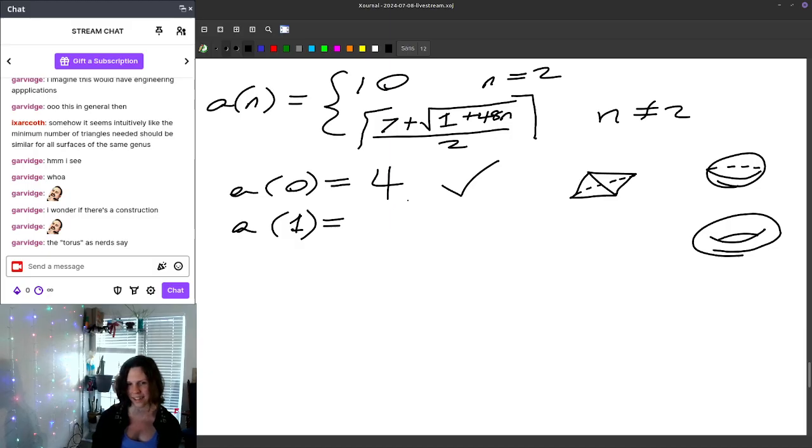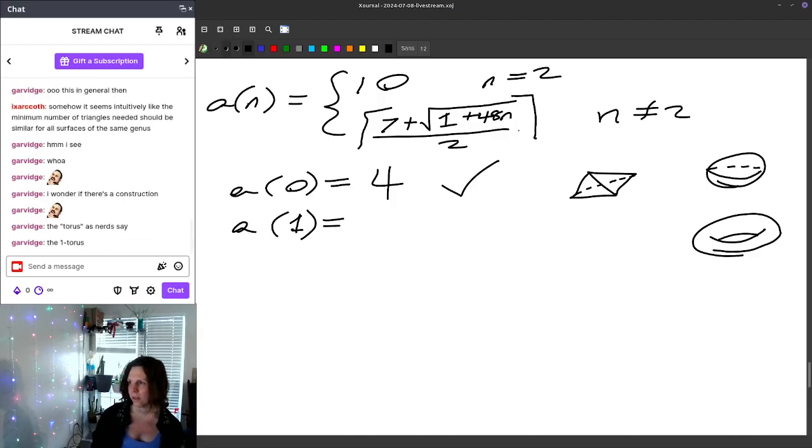Yeah, that's right. It's the one-hole two-dimensional torus, or the genus 1 orientable compact, closed surface. So 14 over 2 is 7.